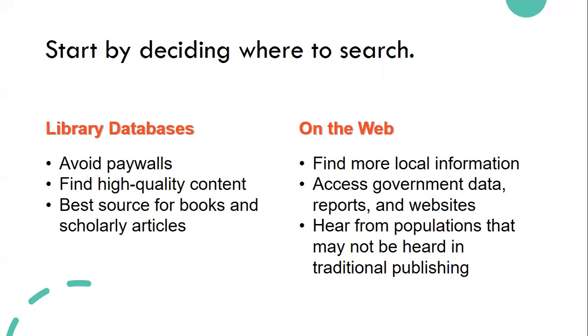Data, reports, their websites, really quite a lot of options there. And it also allows you to find information and perspectives from people who may not be represented as well in traditional publishing. And I find that to be an important comment to highlight.